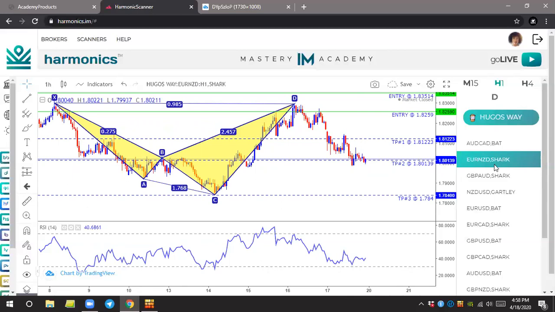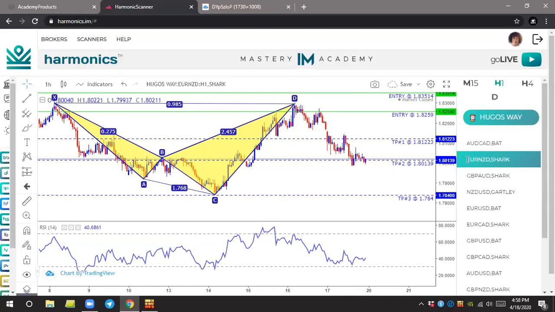Now, here's one thing that I really want to point out as well. When it comes to pairs that are like Euro NZD or GBP NZD, since these pairs are also connected to Asian pairs, sometimes they can move around Asian time, but only when heavy news comes out for that pair that it's going against.